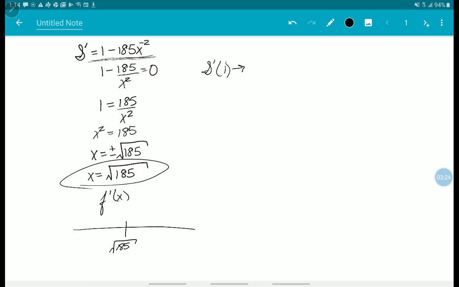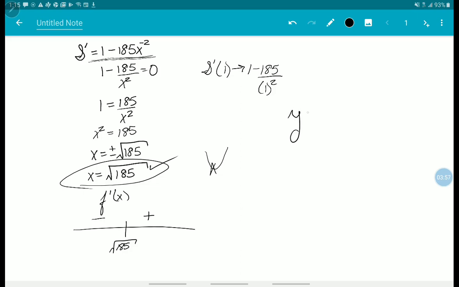If we substitute 1 in there, we're going to end up with a negative number. If we substitute anything bigger than the square root of 185 in here, we're going to end up with a positive number. So that tells us that this function is decreasing then increasing. If it's decreasing then increasing, then we know we have a minimum value. So this has definitely got to be our answer.